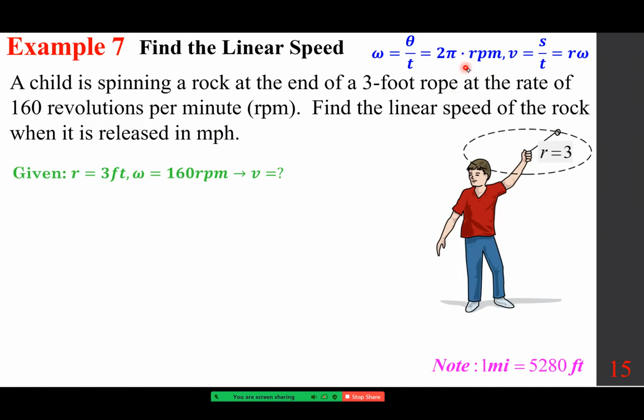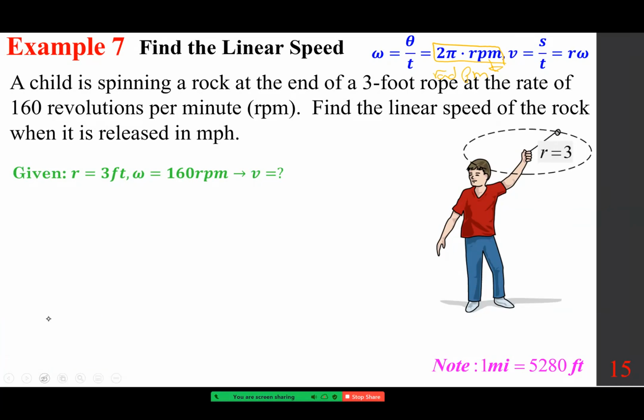So when we multiply the two, it will change it to radians per whatever this unit is. It is extremely important to know that the units of RPM change to radians per minute, because it could be RPD, revolutions per day, or RPS.